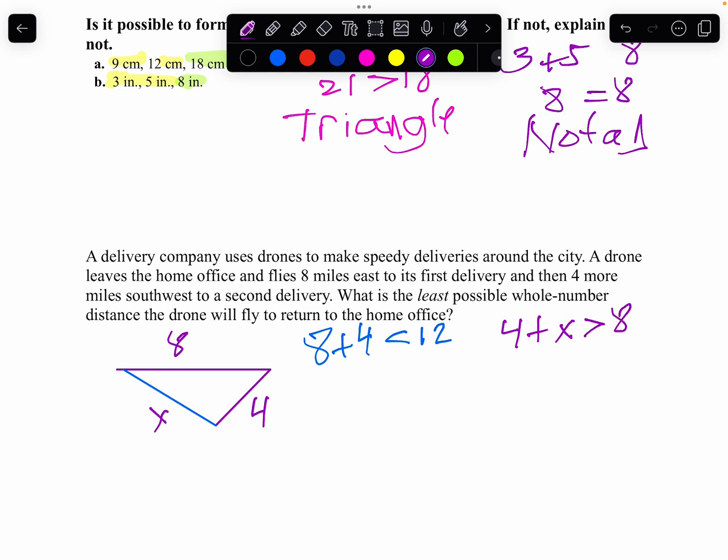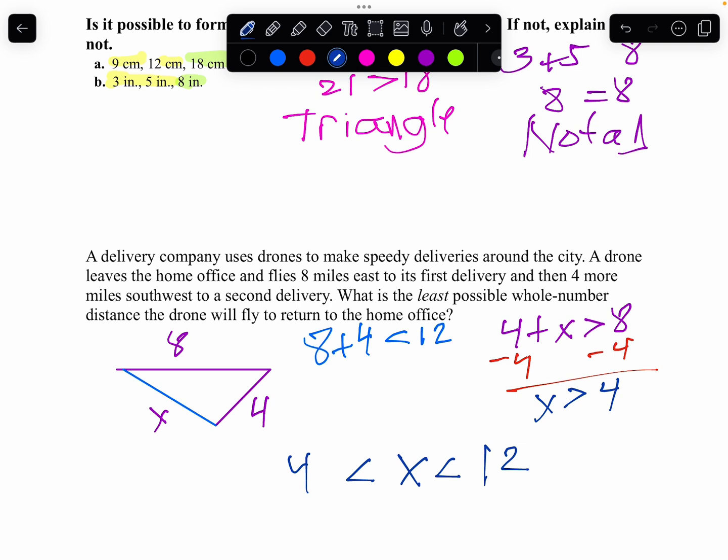So I subtract 4 from both sides, and x has to be greater than 4. It's got to be bigger than 4 and less than 12. Now the question, what's the least possible whole number? The smallest whole number I could get would be 5.